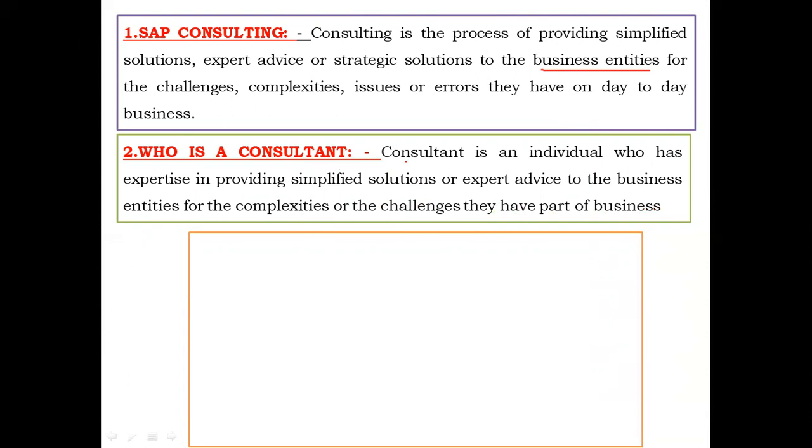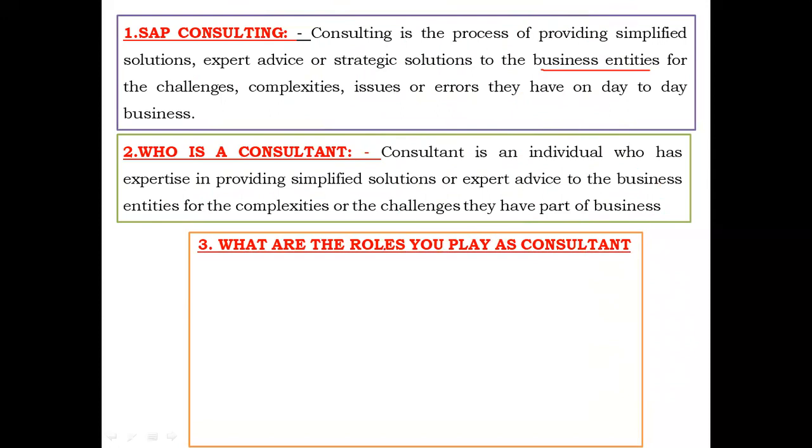Consultant means an individual who has expertise, is familiar, is an expert, and has more knowledge of providing simplified solutions and expert advice to the business entities, to the client, for the complexities or challenges they have as part of the business.